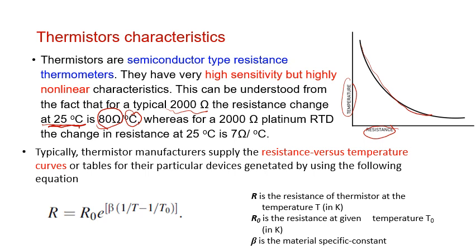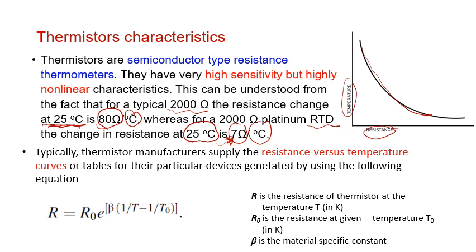Unlike the thermistor, in RTD the change for 25 degrees Celsius is 7 ohm per degree Celsius. That means the change of resistance versus temperature is going to be very small.